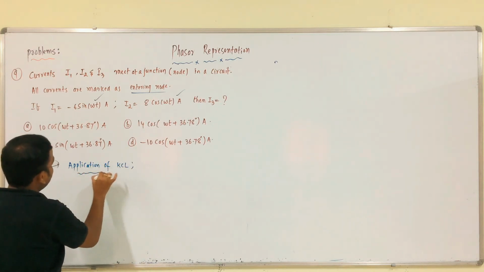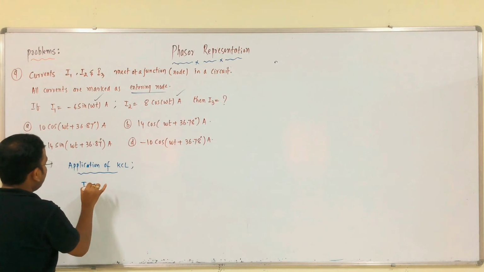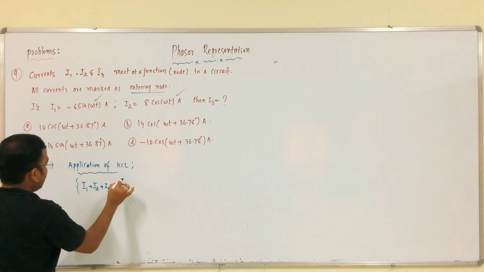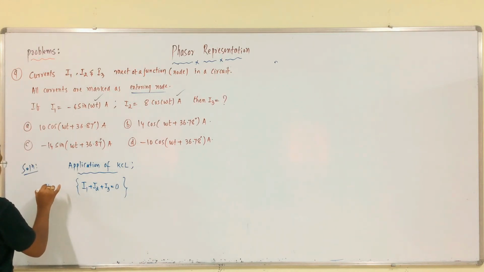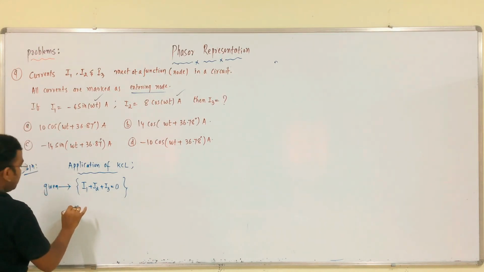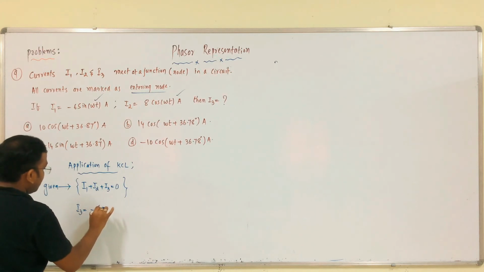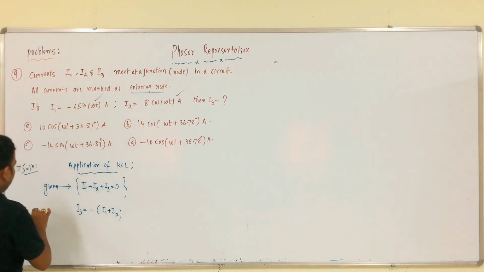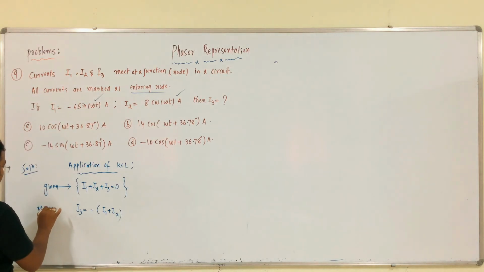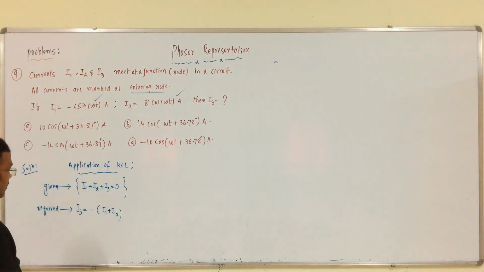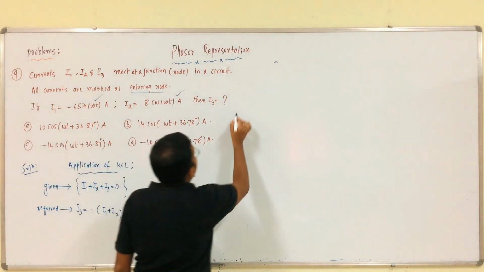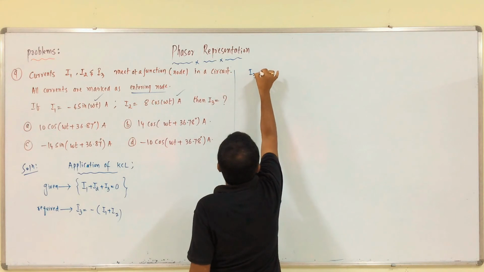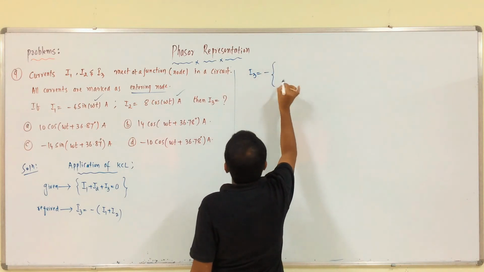This is the given data, and from this we have to calculate I3, that is minus I1 plus, this is required, I3.